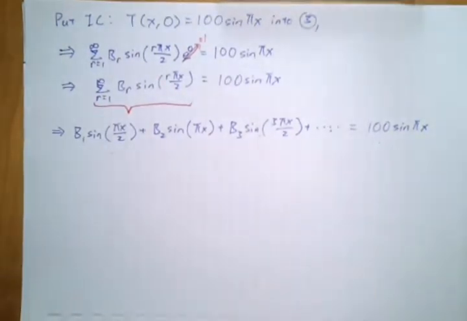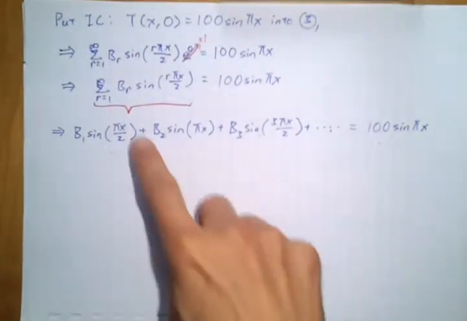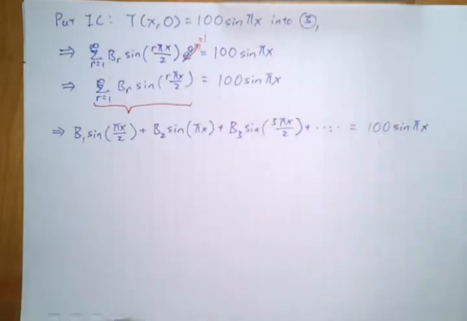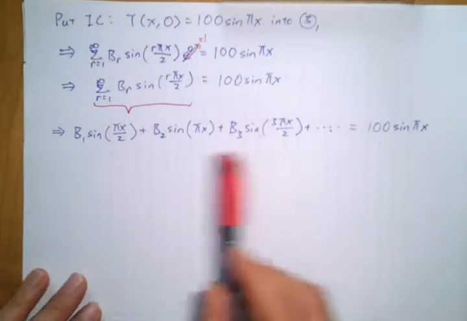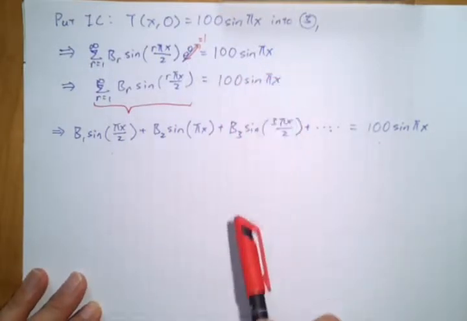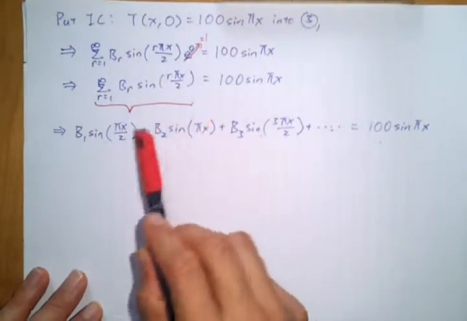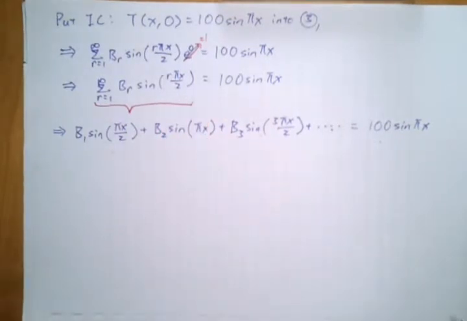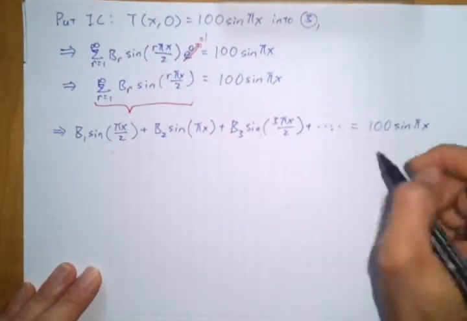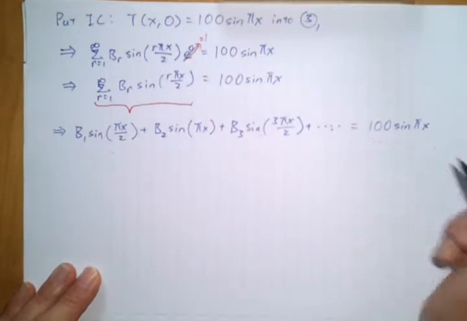You cannot always do this. Sometimes you have no choice, you have to do the Fourier series integral to get your B_r. But in this case, it just so happens that the right hand side equals one of the terms on the left hand side when you do the expansion. This is basically a design question to make it easier for you.